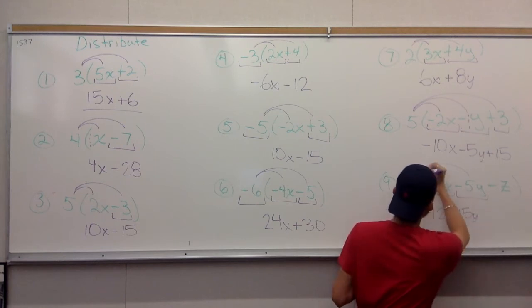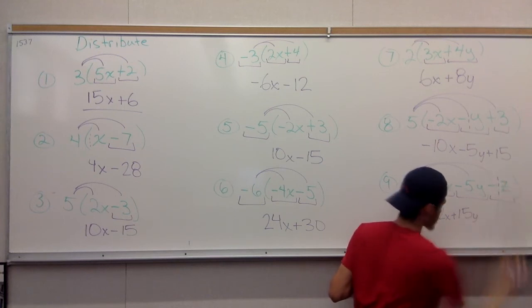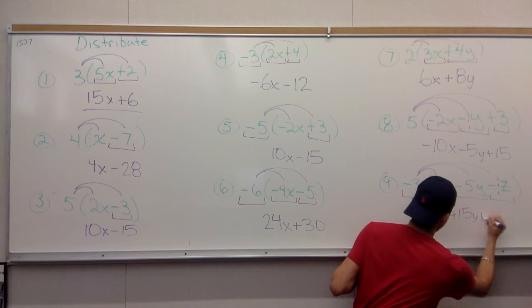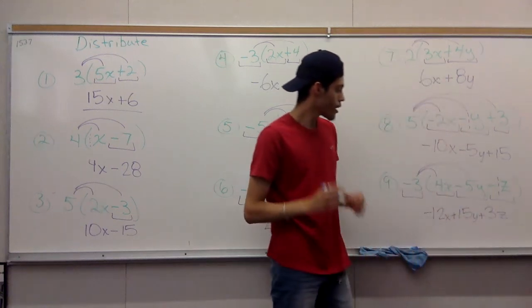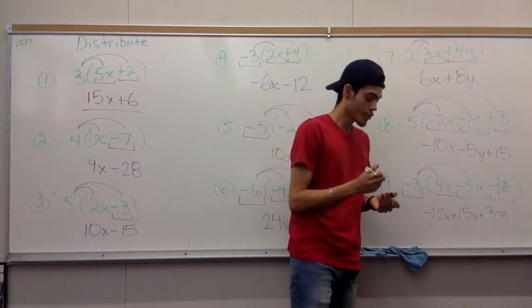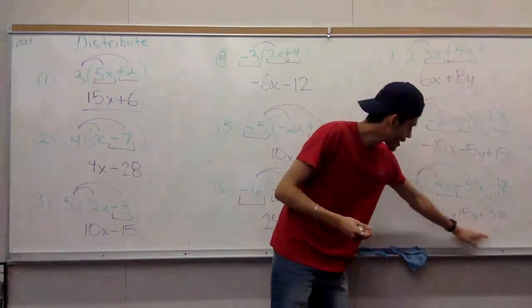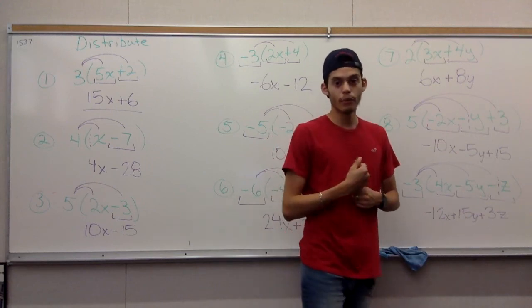Make the final loop, negative 3 times negative 1z, or times negative z, whichever one you like, would give you positive 3z. And that would be your final answer of negative 12x plus 15y plus 3z. Don't combine the letters, like I said, the variables, however you want to say it.